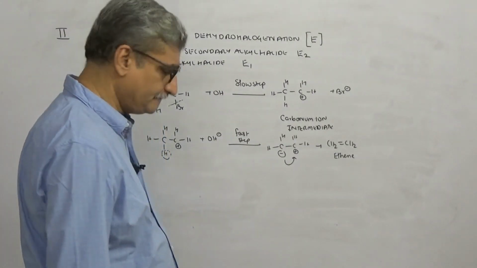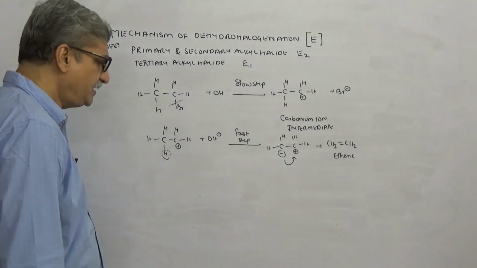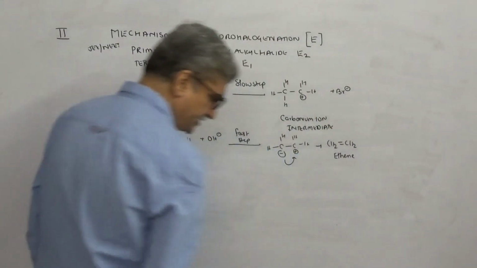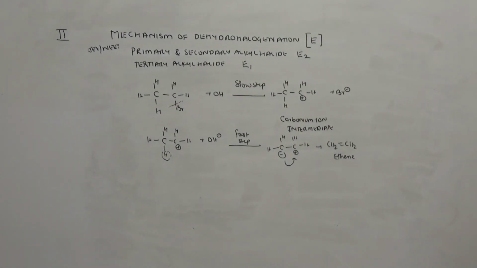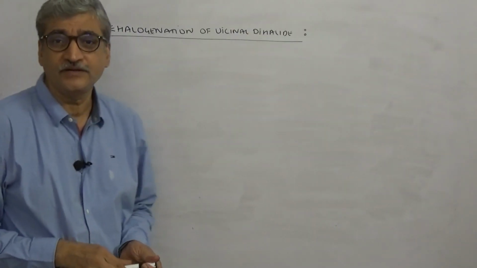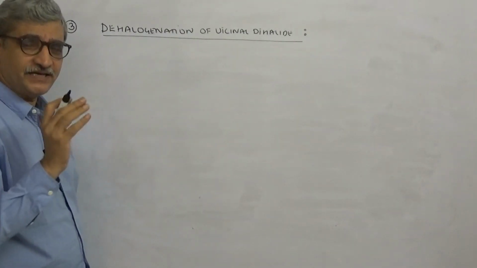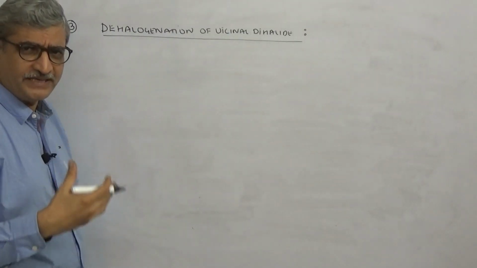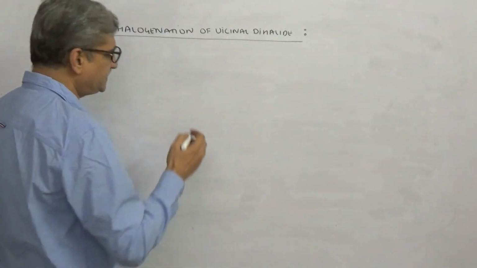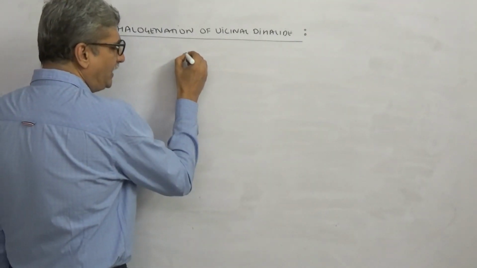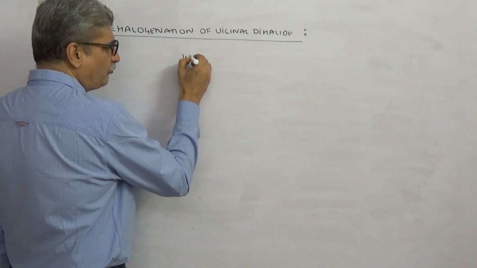Is this point clear? Then the next one we come to is the dehalogenation reaction, the dehalogenation of vicinal dihalide. Let us first try to understand what a vicinal dihalide is, because this is the formative stage.